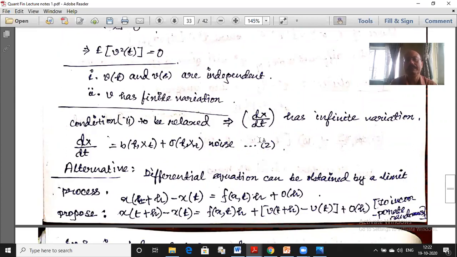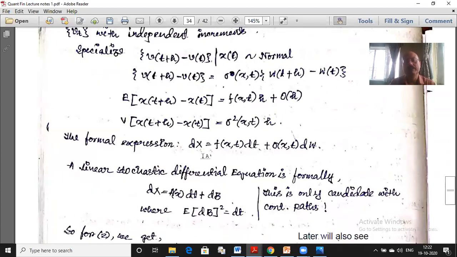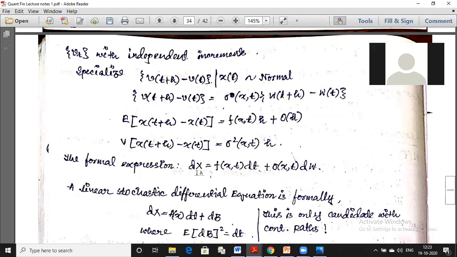So dx/dt as a random variable is not a proper random variable. If I want to find the variance of dx/dt, I will run into trouble. But I can make sense of the symbol dx. dx is manageable, but I cannot divide by dt on both sides. Is this clear?